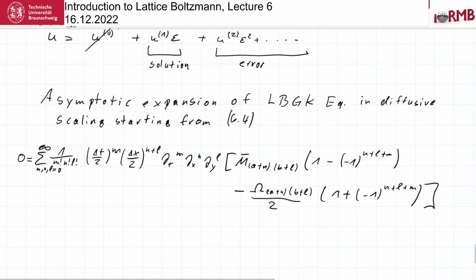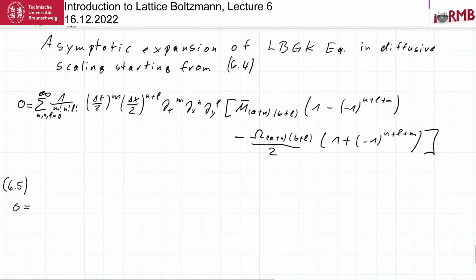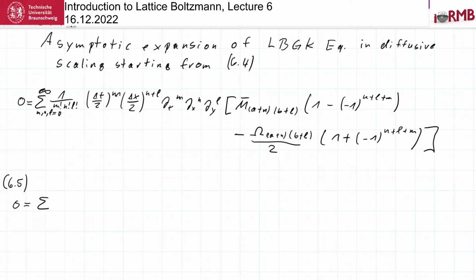And now we write this as equation 6.5 again with the asymptotic expansion. So we now use the asymptotic expansion on the moments m and on the collision operator omega, and so we start with 0, and we put all the epsilons that come out in one place.